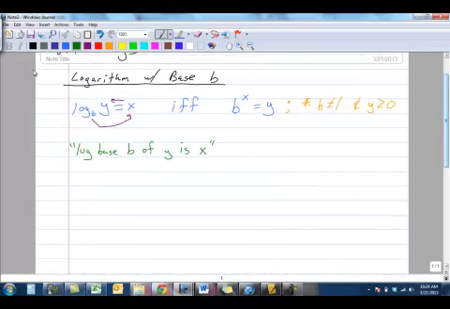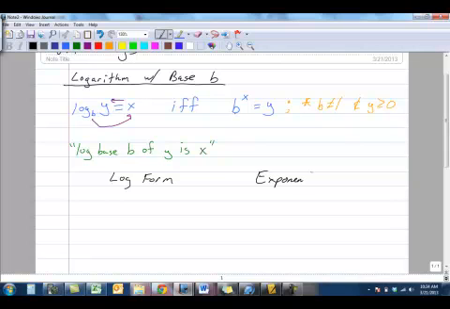All right, let's do a couple of examples. Let's talk about log form and exponent form. Let's say our log form is log base 2 of 32 equals 5. It's always going to be the same pattern.